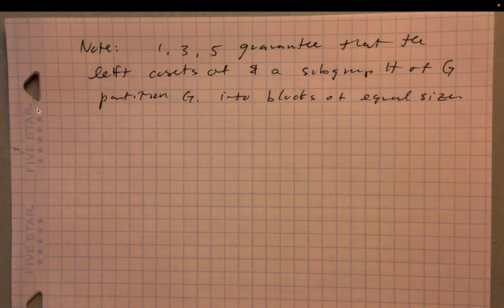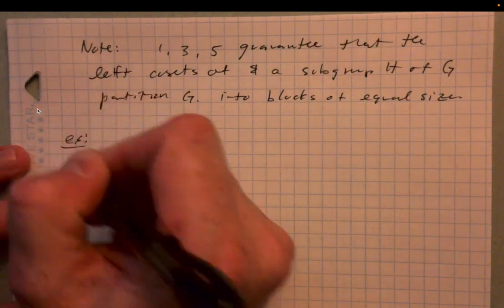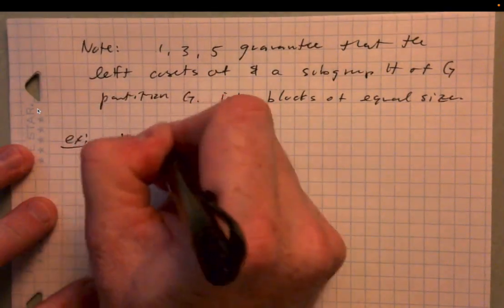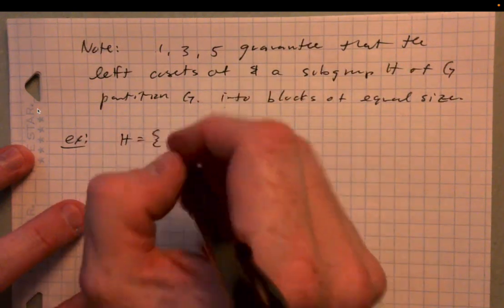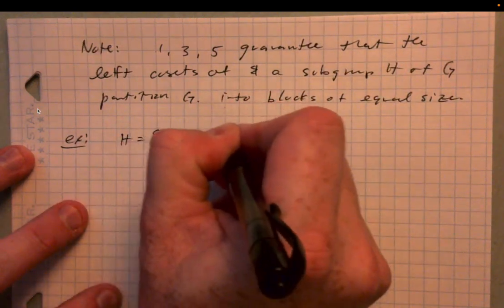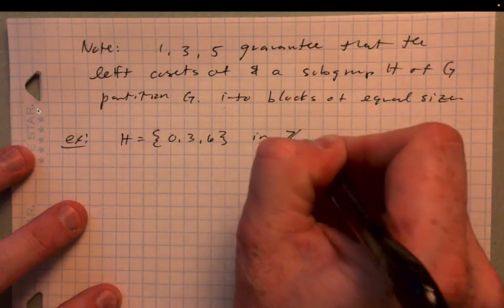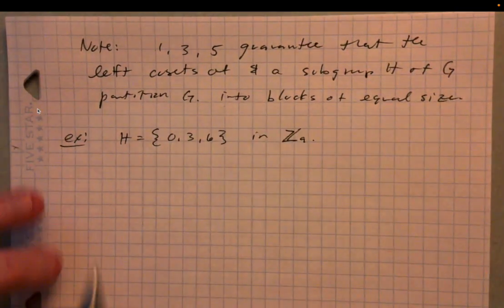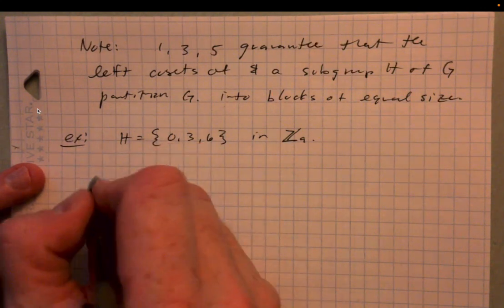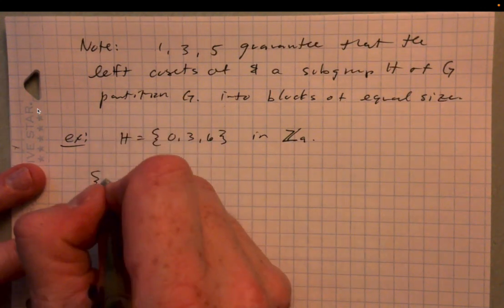So we saw this with, for example, H equal to 0, 3, and 6 in Z9. And we found that there were 3 cosets. The first one was 0, 3, and 6 itself.